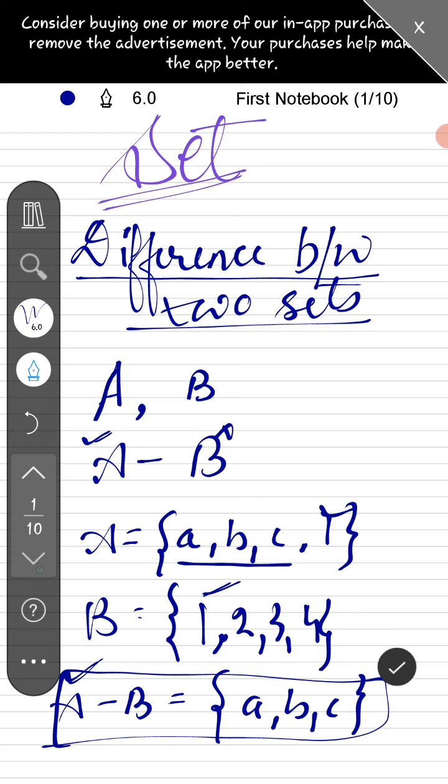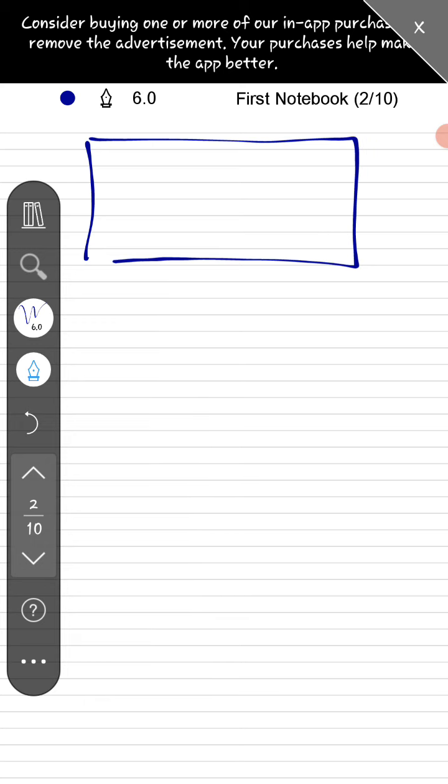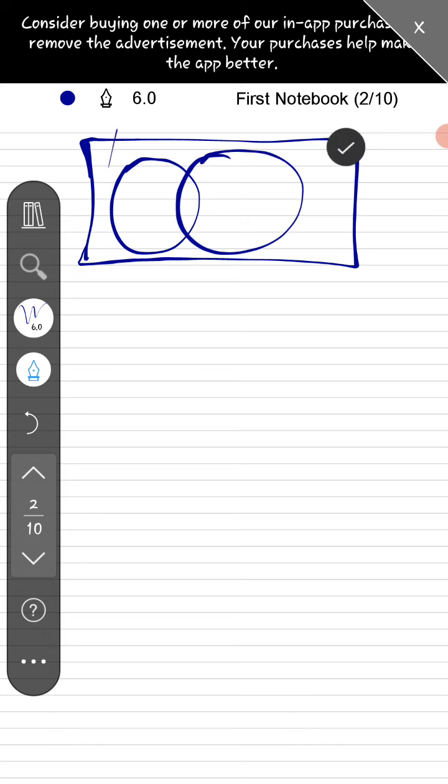Now we also have a Venn diagram. Let's suppose set A and set B are two sets. What should these regions be called? This is the question.